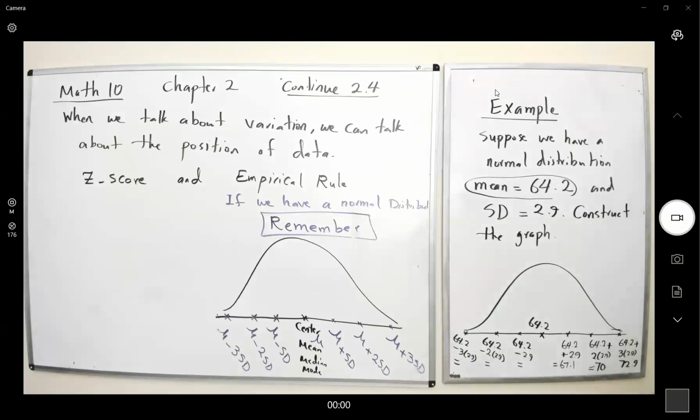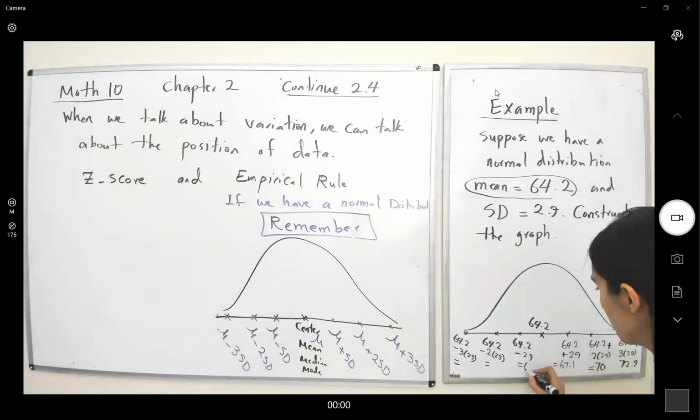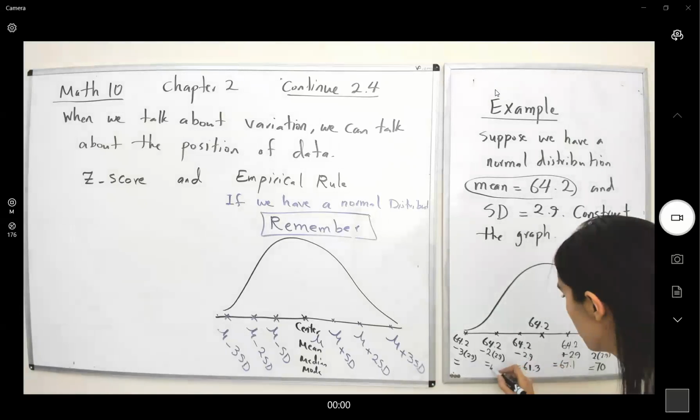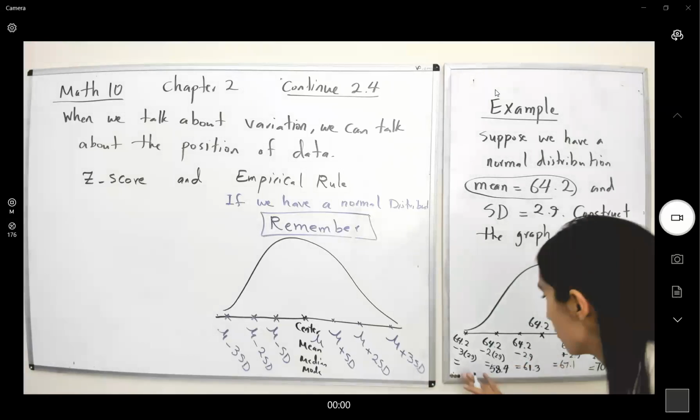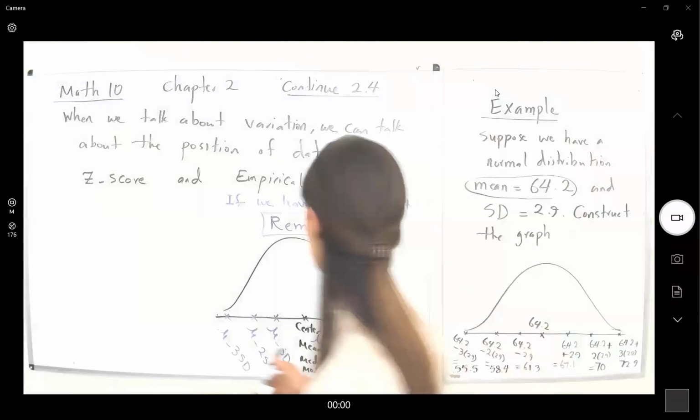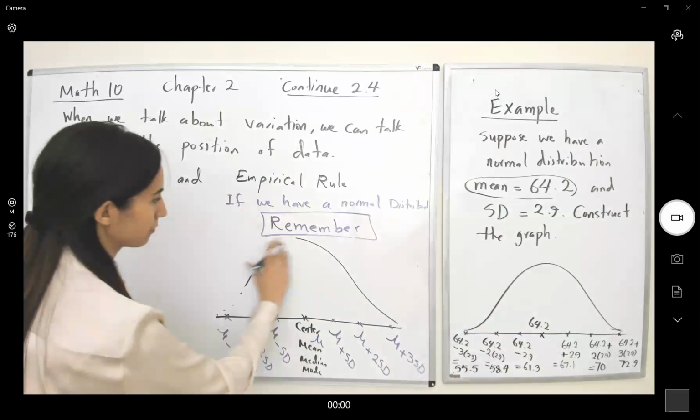On the left-hand side, I get 61.3. Then I have 58.4. And my last number is 55.5. Okay, perfect.